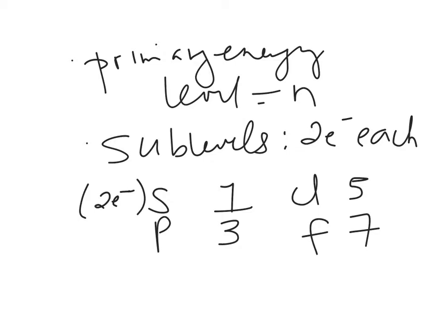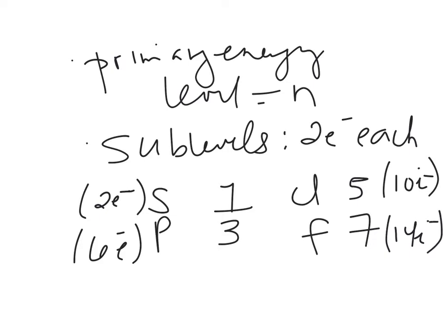For P, since there are 3 different kinds of P sublevels, you can hold a total of 6 electrons in the P sublevels. For D, since there are 5 different versions of D sublevels, you can hold a total of 10 electrons. And for F, you can hold a total of 14 electrons. These are e's for electron. And again, we'll go over more about what these energy levels and sublevels are during class.